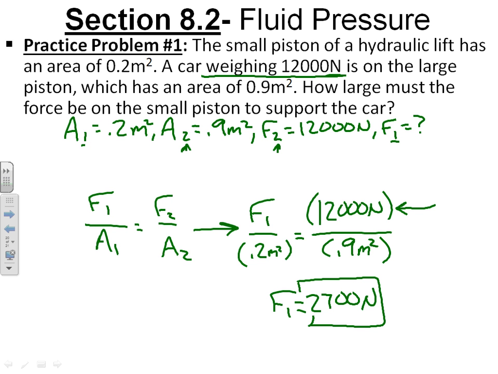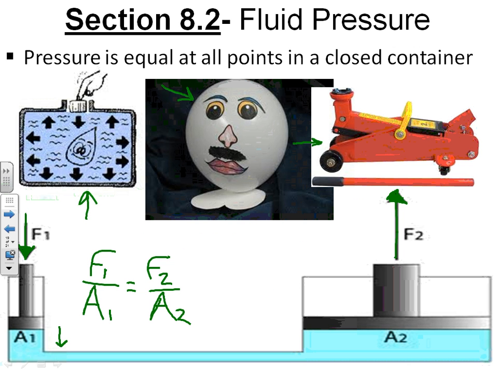Again, that's all based off of the idea that inside of this closed container, pressure is equally exerted on it. That's why a pop bottle, if you shake it up, feels firm on all sides of it. It's not hard on the bottom or hard on the top. It's firm everywhere because the pressure inside of it is exerting equal pressure all over the place.